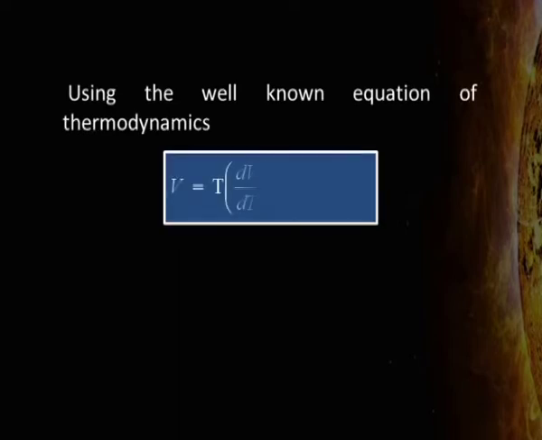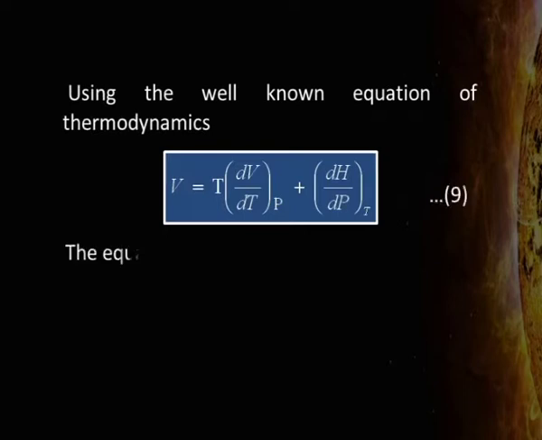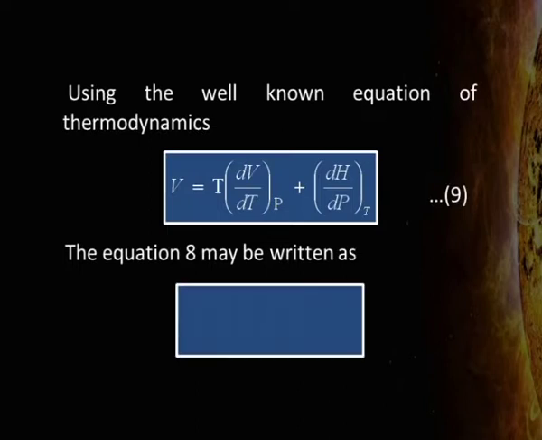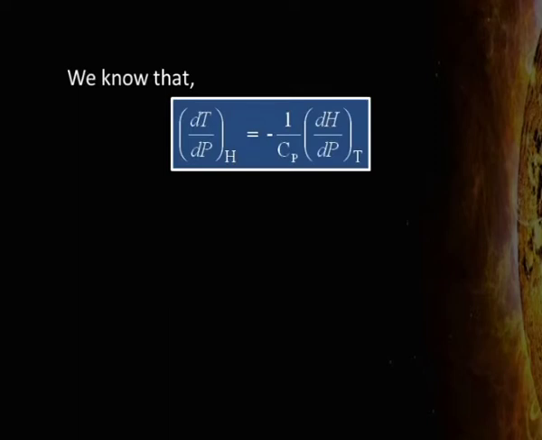Using the well-known equation of thermodynamics, V equal to T multiplied by dV by dT at constant pressure plus dH by dP at constant temperature, equation 8 may be written as minus dH by dP at constant temperature equal to 2A upon RT minus B. We know that dT by dP at constant enthalpy equal to minus 1 upon Cp multiplied by dH by dP at constant temperature.